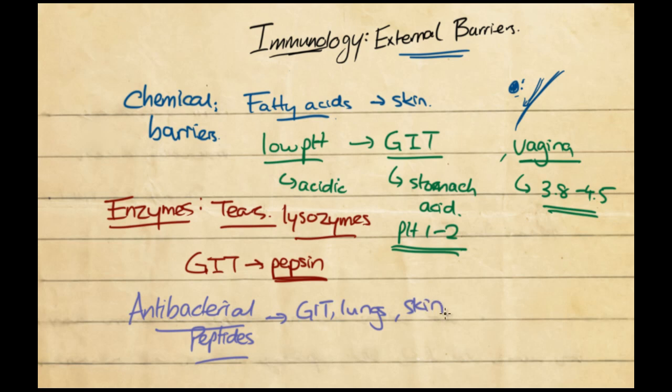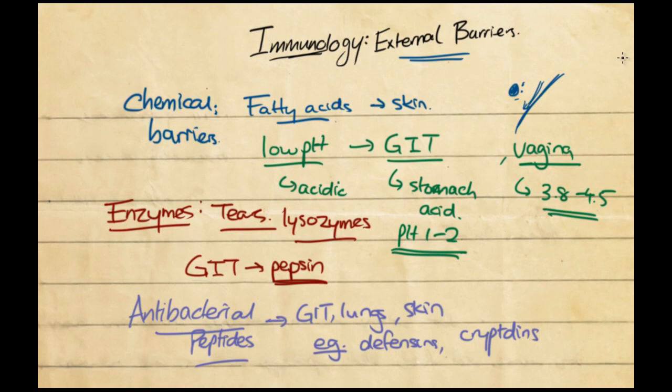Now, I won't go into too much detail about this, but for example, the examples of these are defensins and cryptins. And basically what they do is they act against bacteria or microorganisms in similar ways to these enzymes.